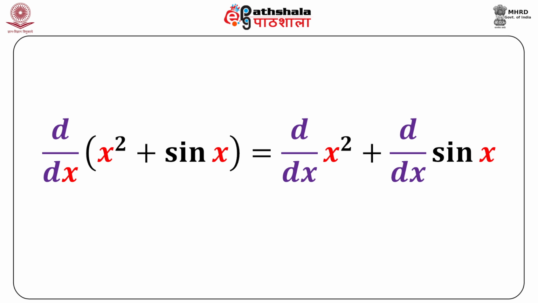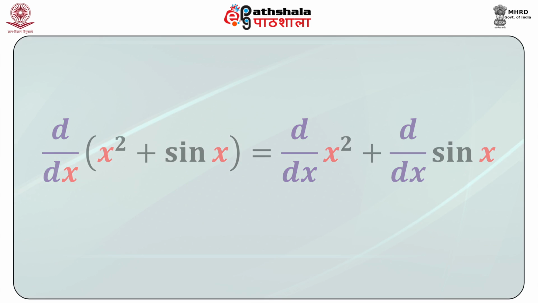For example, d by dx is a linear operator. When it operates on, say, two functions x square plus sine x, as you can see here, it gives us the result which is d by dx of x square plus d by dx of sine x. That's basically the property of linearity.